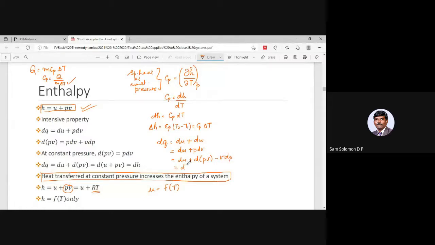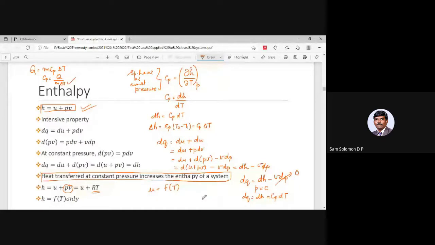You can write this as u plus pv minus vdp, which is dH minus vdp. So now what we get is dq is equal to dH minus vdp. And for a constant pressure process, this guy will become 0. And so your dq is equal to dH, which is Cp times dT.